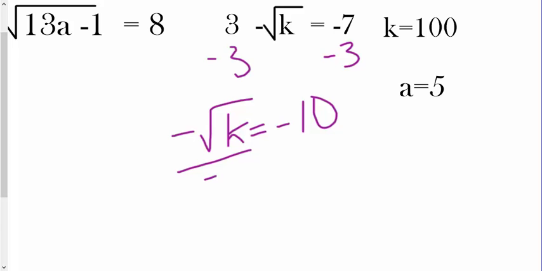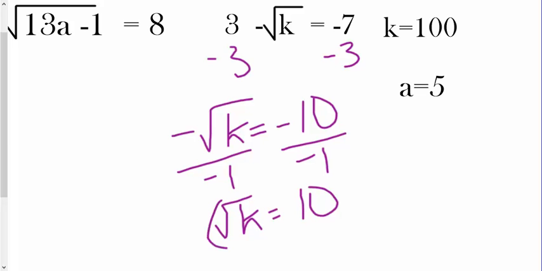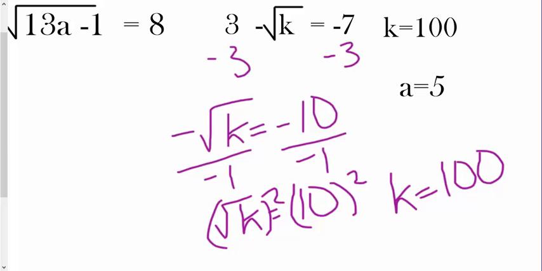It's a good habit to get rid of that, so that we're not having to worry about it in the end. So that'd be square root of k equals 10, and then I square both sides, which leaves me with k equaling 100. And if you had just squared both sides there, you would have ended up with k equaling 100 too. So you necessarily didn't have to get rid of it.